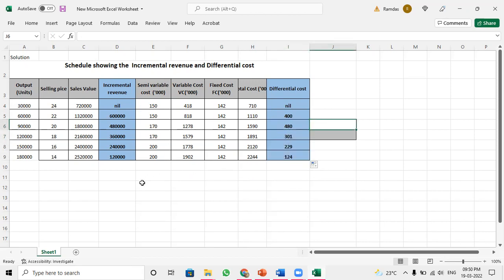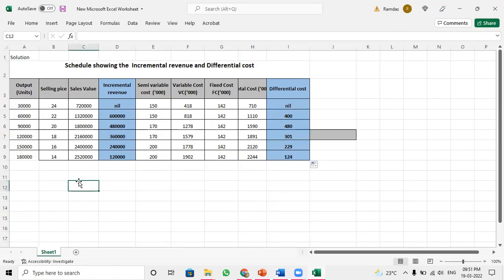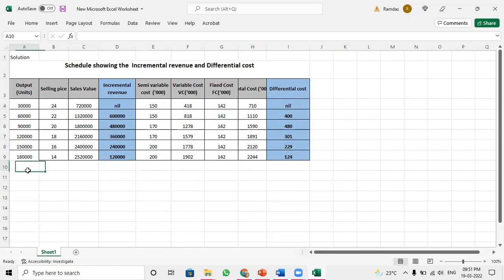Now, as asked in the question, they have asked us to prepare the schedule of total differential cost and incremental cost. So we are done with it. Now you are supposed to find out the level at which the company should set its level of activity, for which we are going to use the logic of finding the incremental cost.